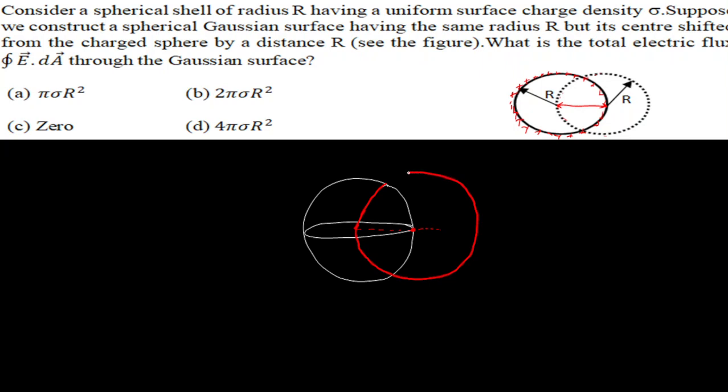So the red one is the Gaussian surface, and both are actually spherical surfaces in this case. This white surface is the charge carrying spherical cell, carrying uniform surface charge density over its surface.